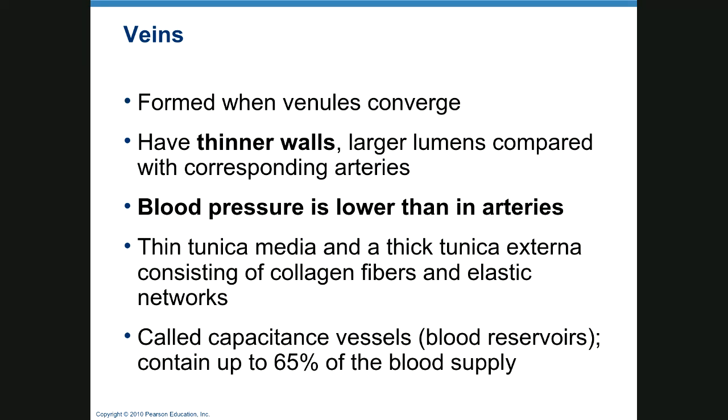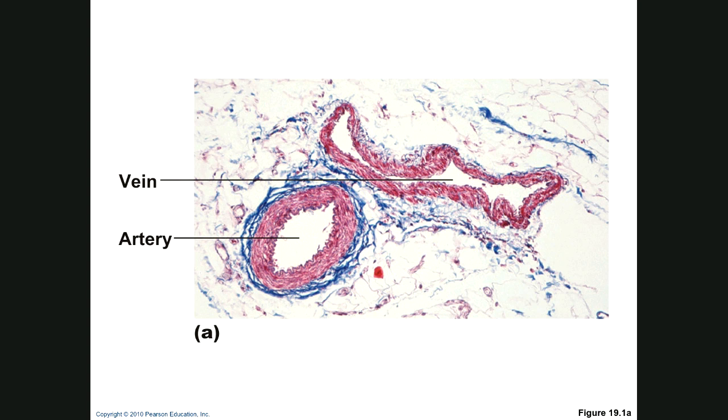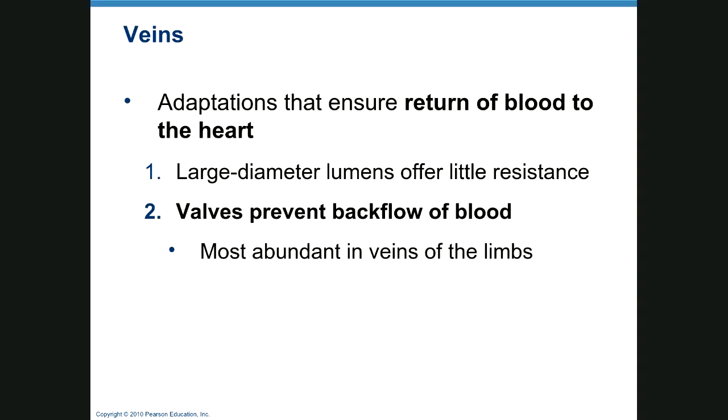Now, this is a photomicrograph of a little artery and a little vein. As you see, the artery is round and thick, stayed up, and the vein is collapsed. That's just pretty typical. Okay, veins have specific adaptations that help return blood to the heart.